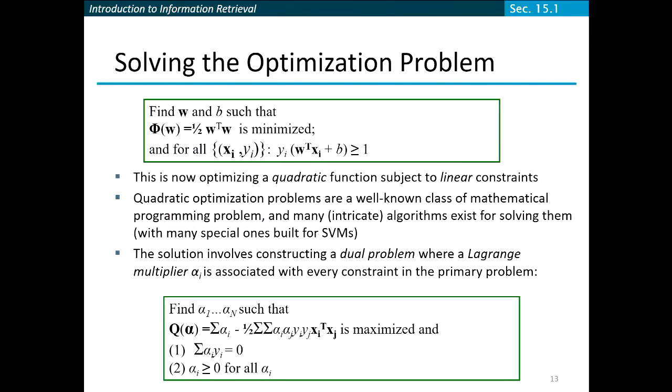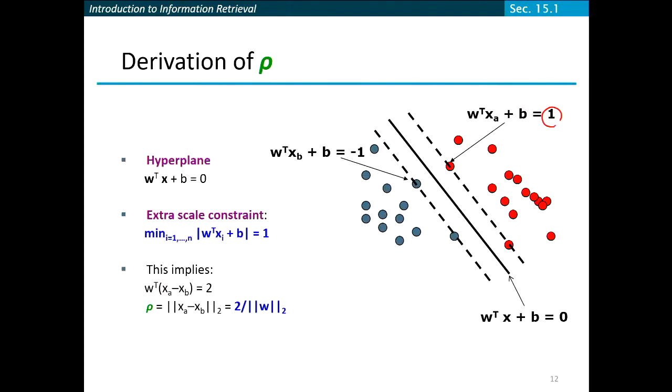And I think more importantly, we need to remember the final form here. All the previous material was derivation trying to convince you why this makes sense. So here is our objective function. If we want to maximize rho, the geometric margin, essentially we want to minimize W. The smaller W is, the better the margin will be.